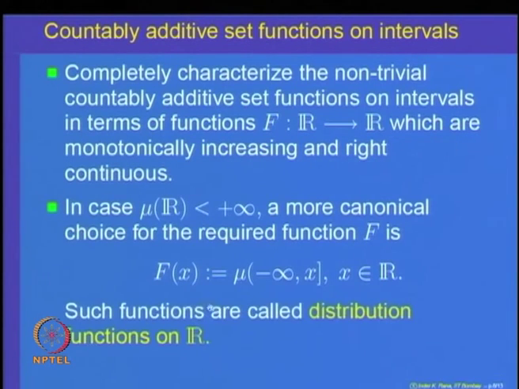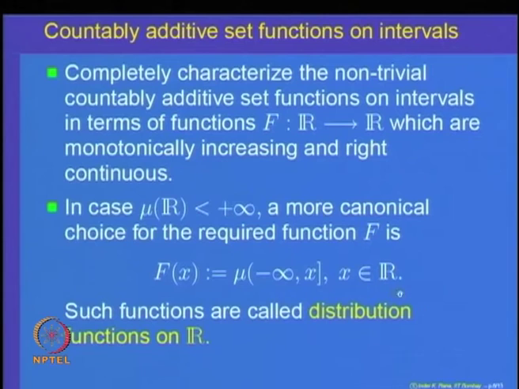In that case, this function f is called the distribution function on R, and this plays a role in the theory of probability, where the monotonically increasing right continuous functions are studied via what are called probability distributions. We will not go into that.